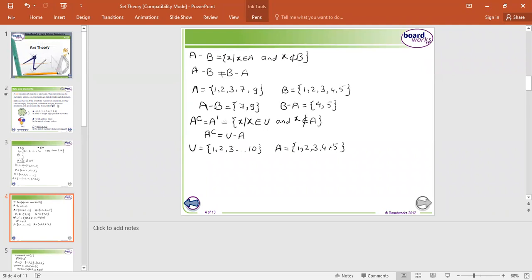Then what will be the complement set for A? The remaining elements 6, 7, 8, 9 and 10. This is the complement of a set.